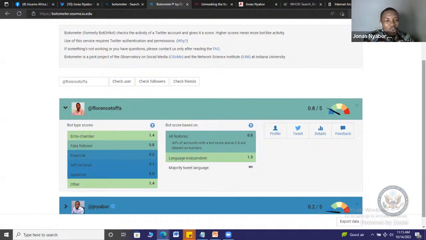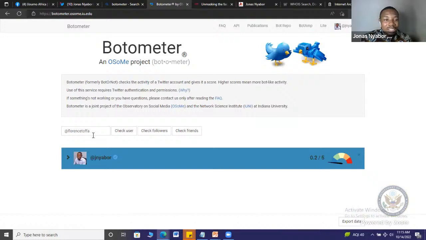The number of fake follower accounts that are bots, not real humans, is 0.8, which is still within the human zone, and then the other metrics. So yours is also fairly okay, which is fine. You can also do that for your personal handle, sometimes to guide the way you post.